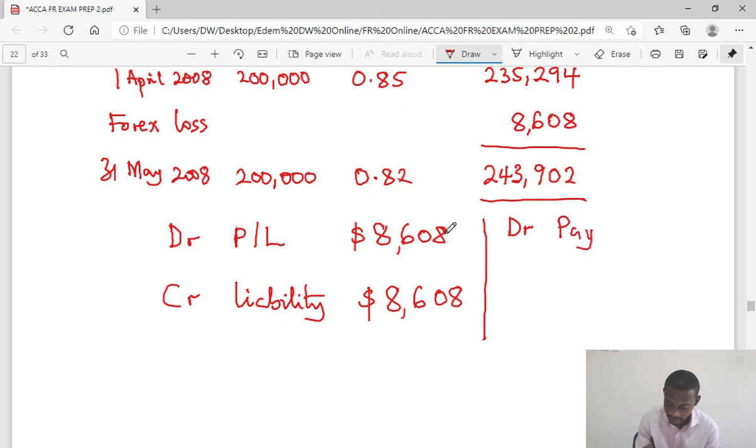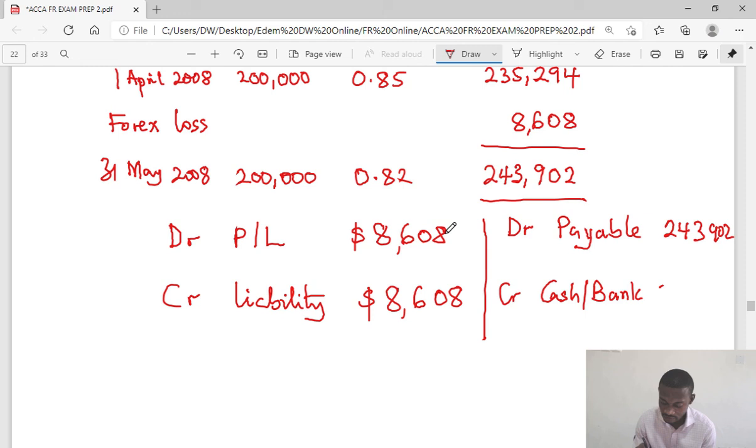This will be the total amount paid, which will be 243,902, and we'll credit cash or bank the same amount, 243,902. So this will be how we will account for this transaction.